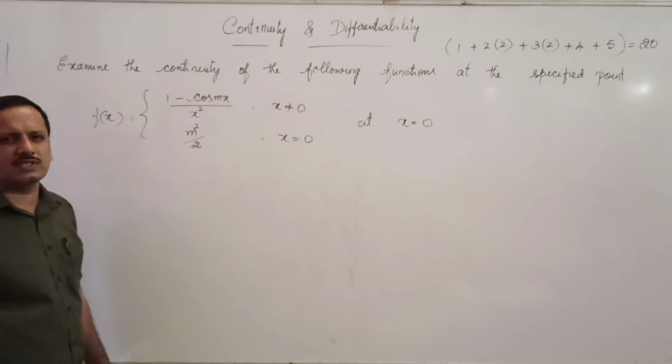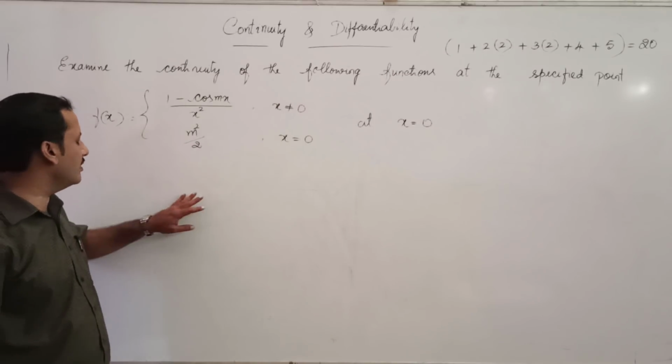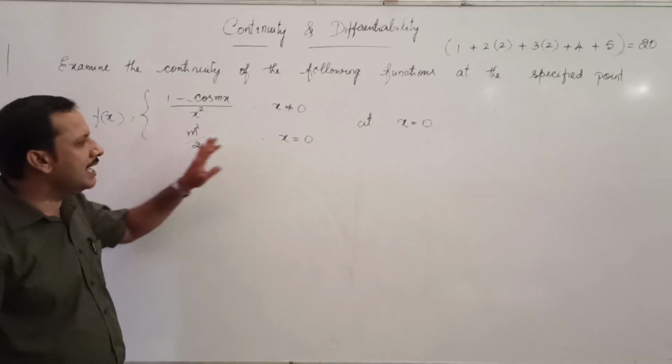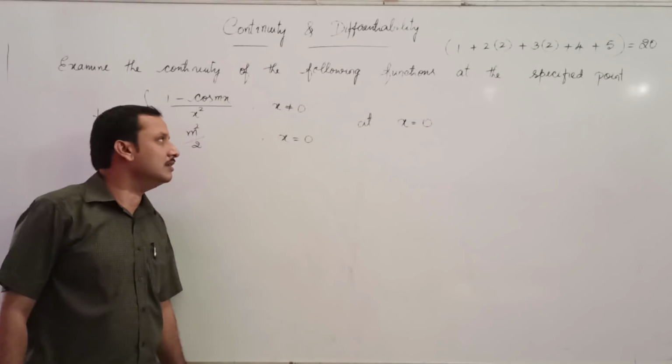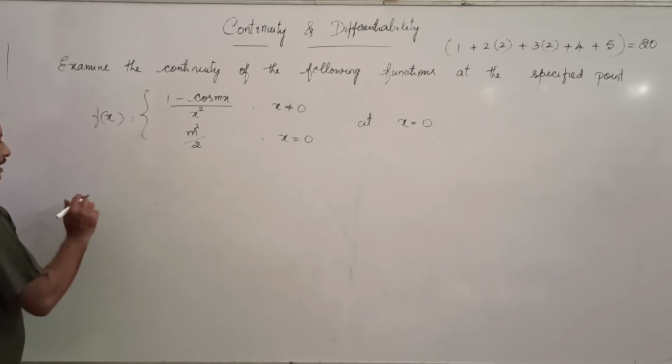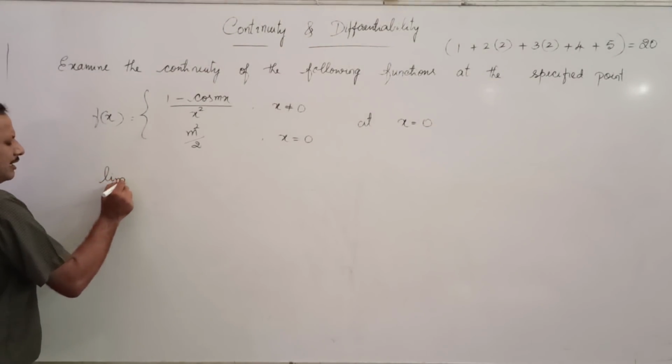So here in this question we are asked to check the continuity of this function at x is equal to 0. Okay. So let us find out the limit now.